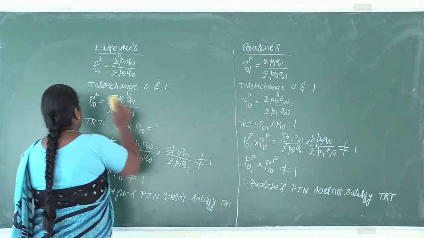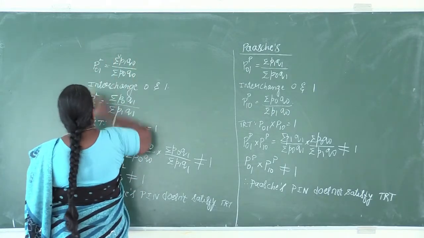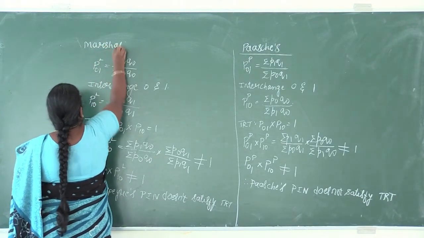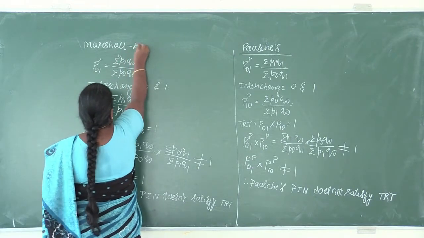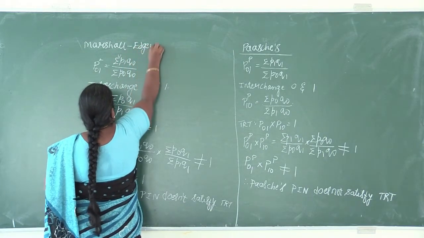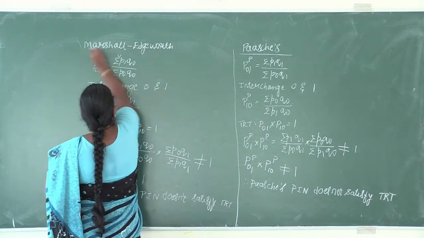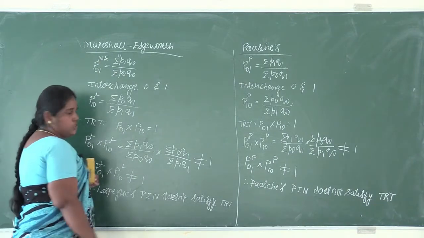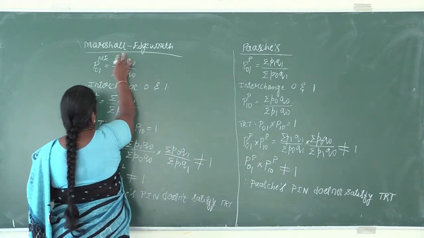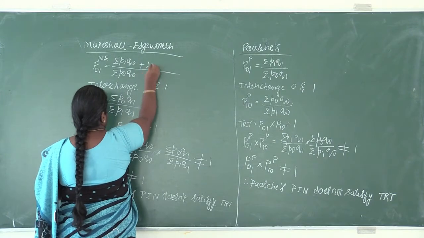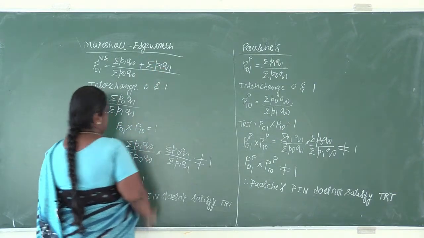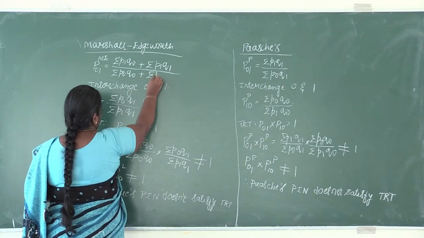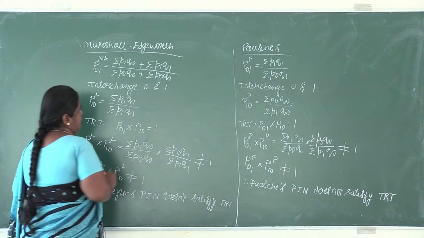The next method we are going to prove is regarding the Marshall-Edgeworth price index number. We'll check whether the Marshall-Edgeworth index number satisfies the time reversal test. So Marshall-Edgeworth formula is P01ME equals sigma P1 Q0 plus sigma P1 Q1 divided by sigma P0 Q0 plus sigma P0 Q1 into 100.